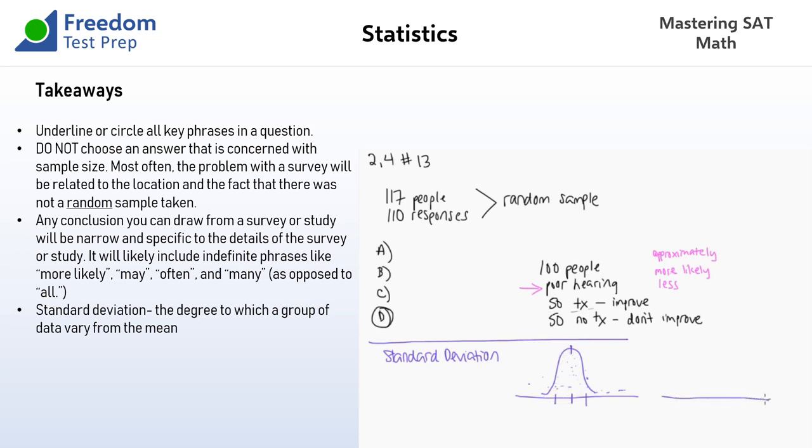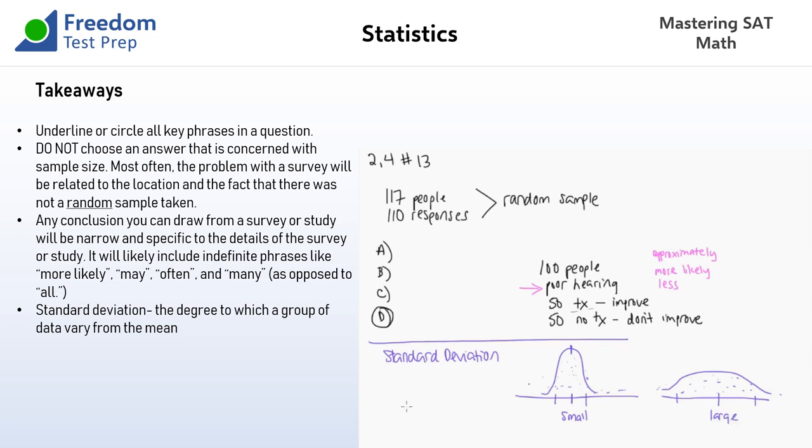Versus this kind of curve, where you can see the range is much larger, right? And you'll have all kinds of data points and maybe just a couple out here, but mostly they're housed underneath this huge curve. So we have a standard deviation that's small or relatively small compared to this large one.